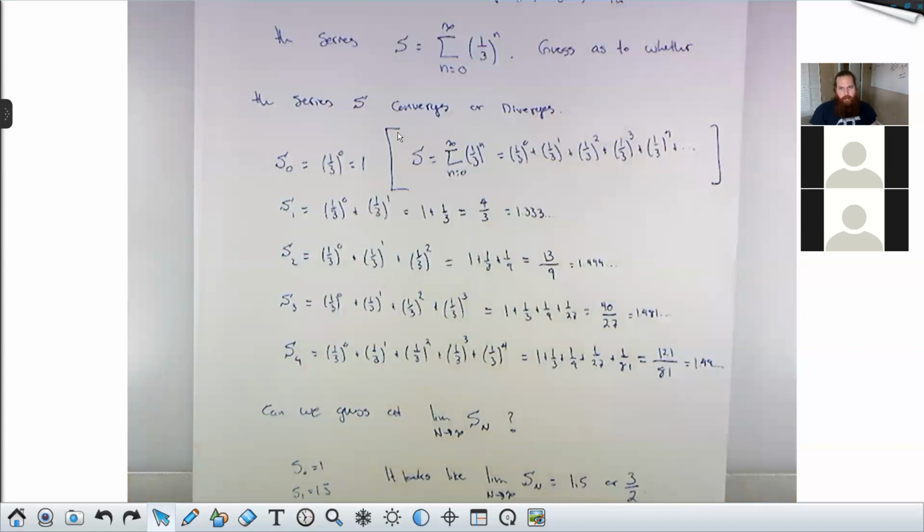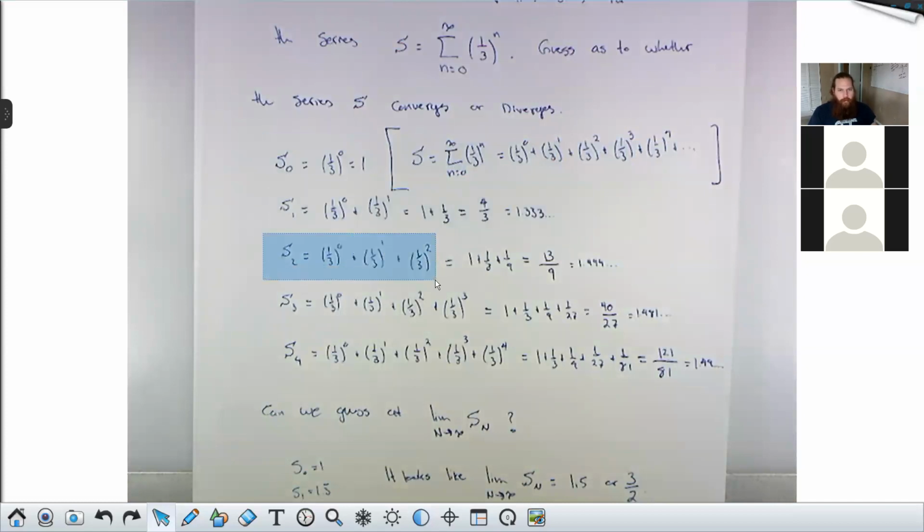So the full series S is the sum of the powers of 1/3 going on forever. And what I'm trying to do is to get a feel for this by adding up just the first few terms at a time and see if, as I add more and more terms, the sum is getting closer and closer to something. If I look at just the first term of that series, it's 1. The first 2 terms, it's 1.333.